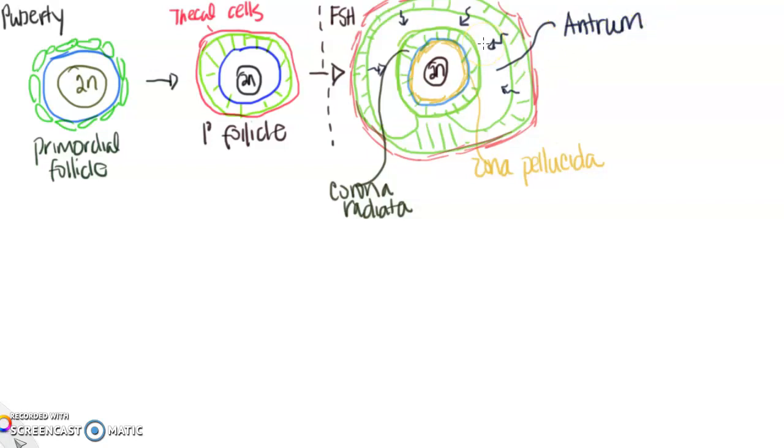And these granulosa cells are just spitting out this fluid into the antrum there. This follicle here is called the secondary follicle. And again, we're still 2N, we're still stuck in prophase 1 of meiosis 1.